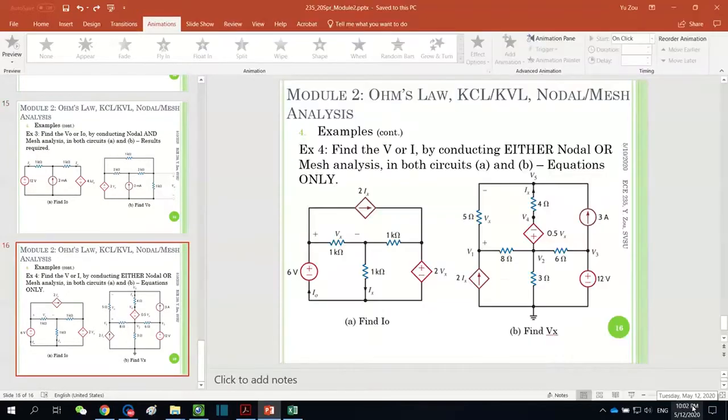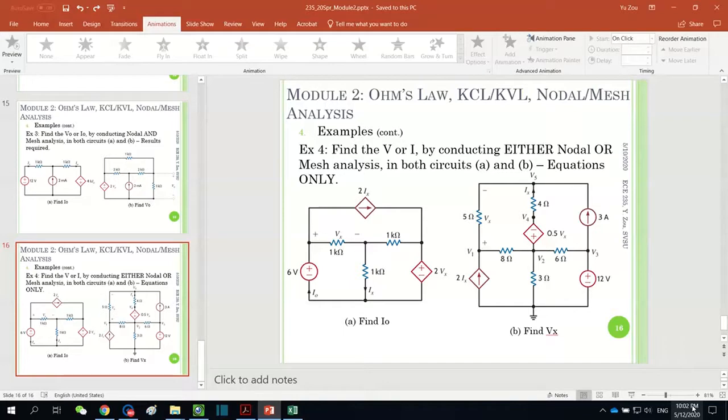At last, let's see example 4, 2 circuits A and B. I will leave both as your exercise independently, but here I'm of course going to show the solutions. It asks for V or I, whichever is present in the circuit, by conducting either nodal or mesh analysis.